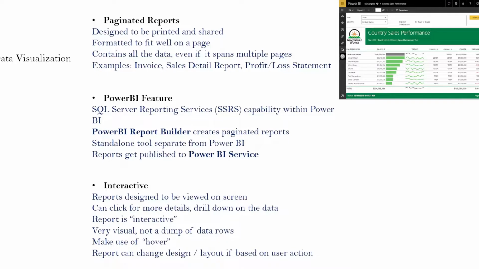So here I'm giving an example. If you want my sales performance over different countries, and I give you the data on a row and column basis, it would be very difficult.